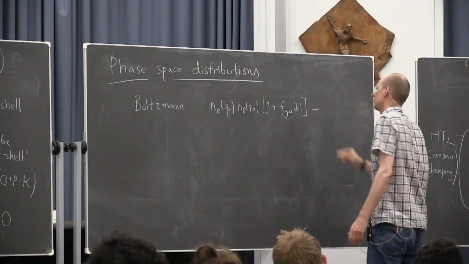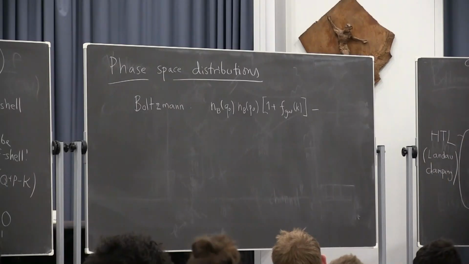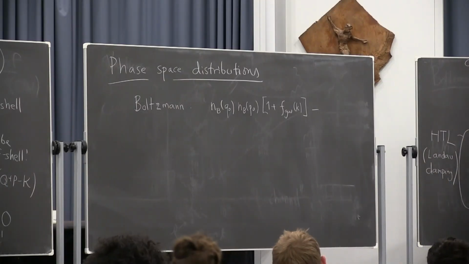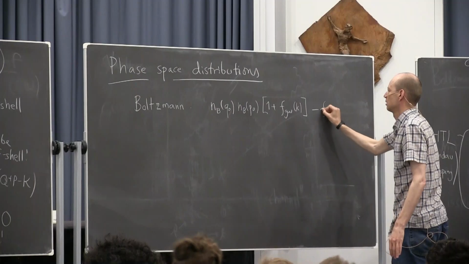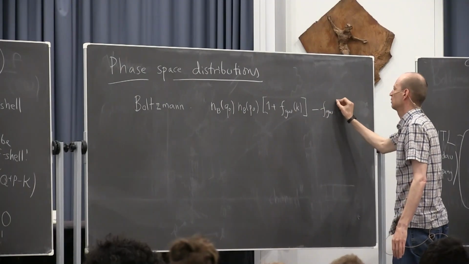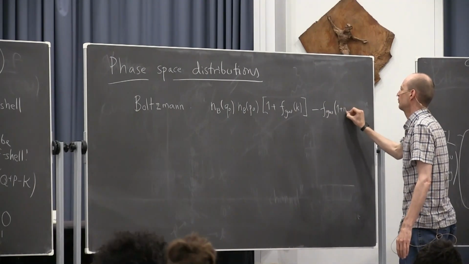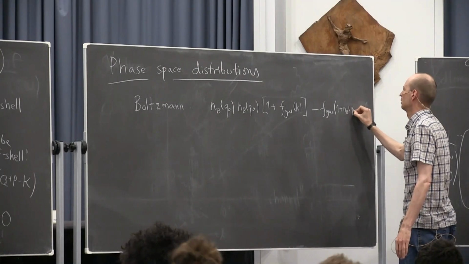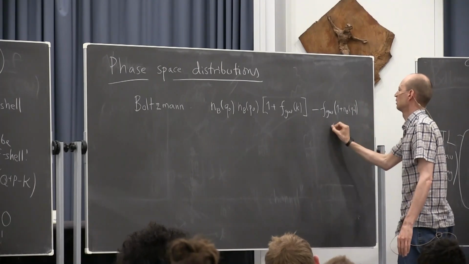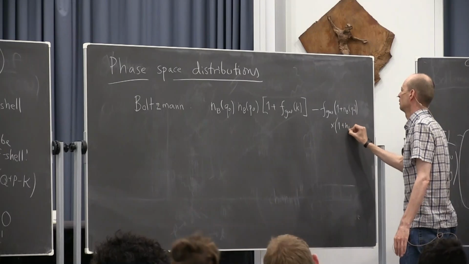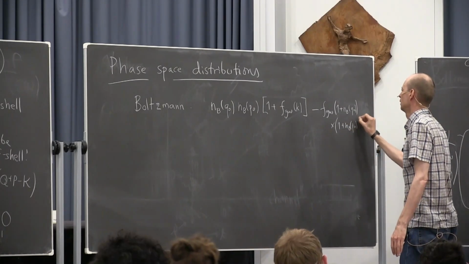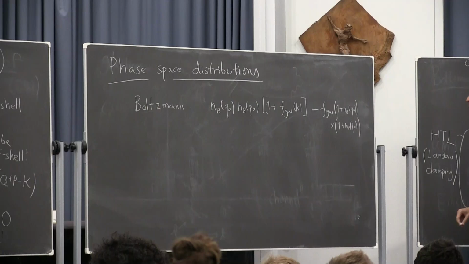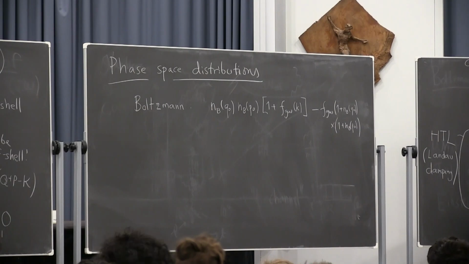And then I would have the inverse process. In the Boltzmann equation there's always the inverse process. So now the graviton is in the initial state, and these are in the final state. But now we already anticipate what I said.